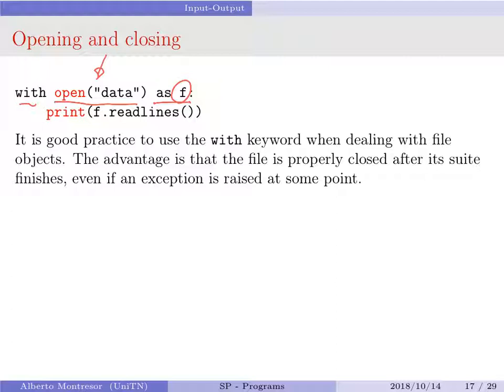From now on, in this indented part, I have access to the f variable. I can read lines, read a single line, write whatever. As soon as I finish this part, as soon as I go to a command which is immediately after that, the file is automatically closed. So you have a more elegant way of opening and closing the file. The good part is that if there are errors, the file is automatically closed.